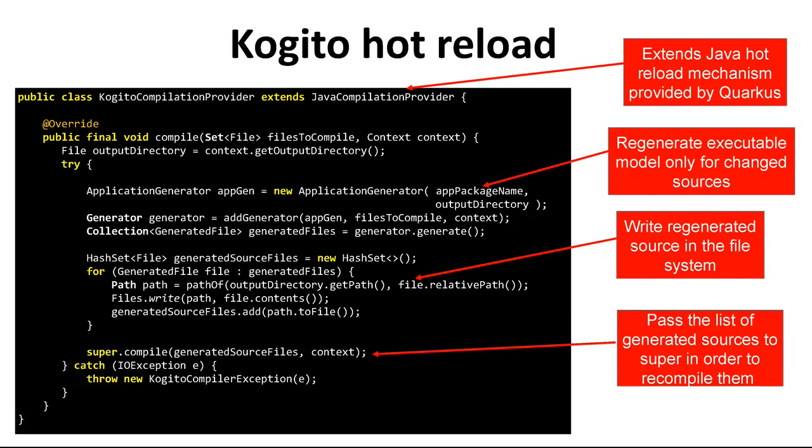And of course, we wanted exactly the same thing for our rule files, decision tables and processes. So we also added the possibility to have hot reload for our DRL files.